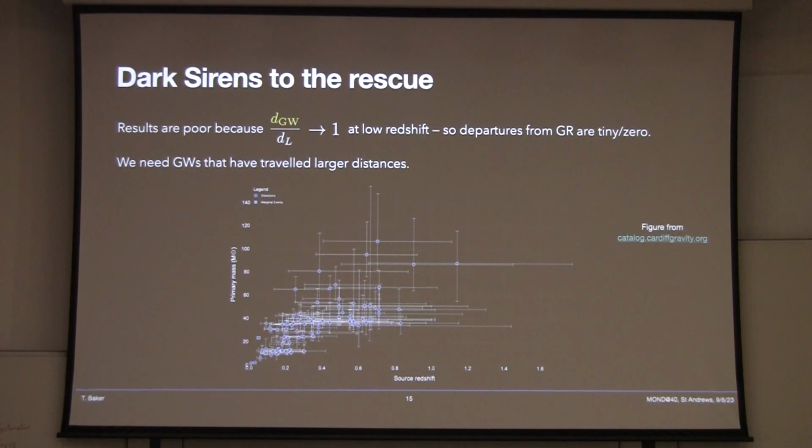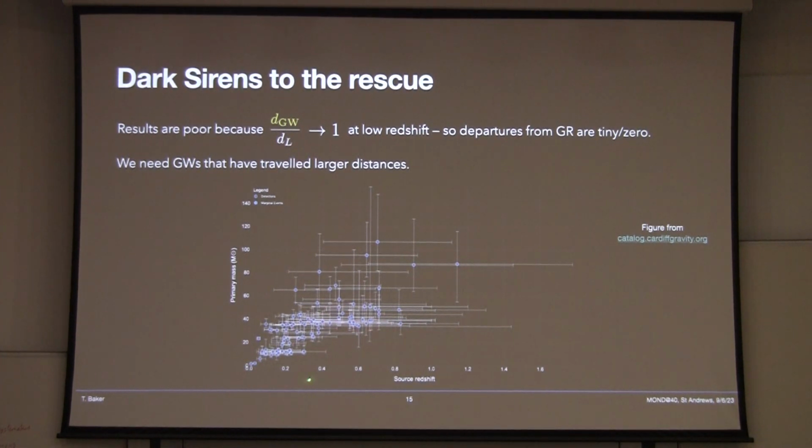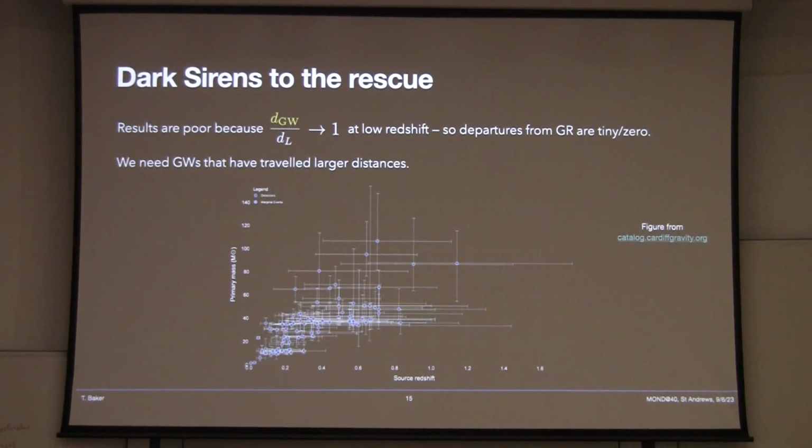This is a plot of the current catalogue of confirmed gravitational wave detections. 1708-17 is the event right in the corner down here. But you'll see we do have things going up in redshift to about redshift 1. Yeah, with large errors, that's true. But we do have things that we're pretty confident are at larger distances. So we want to use those.